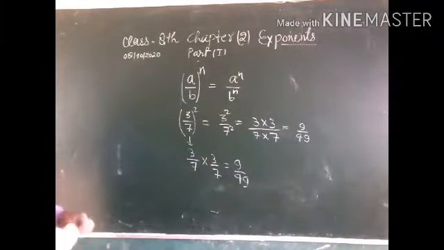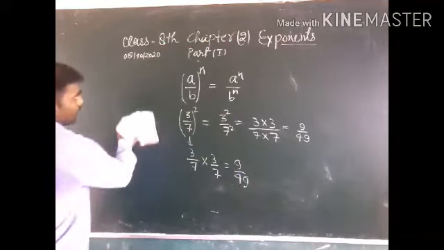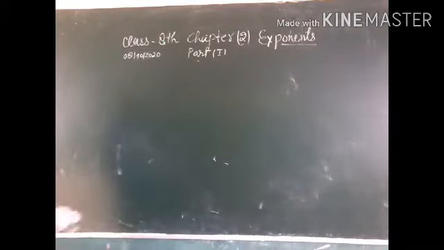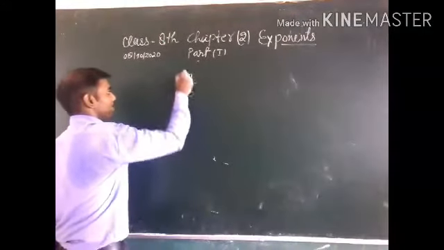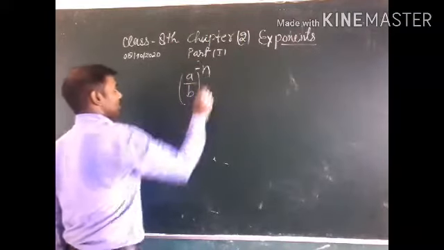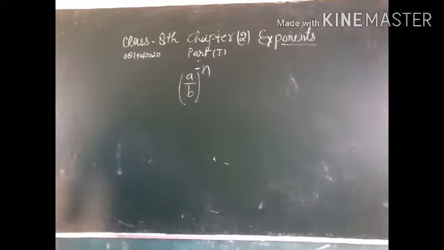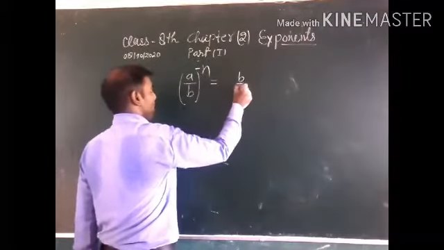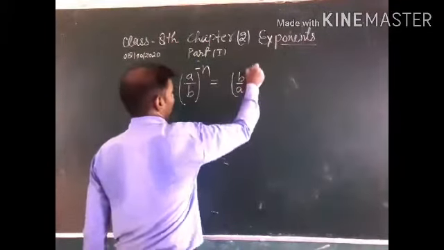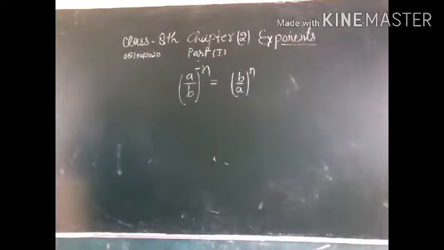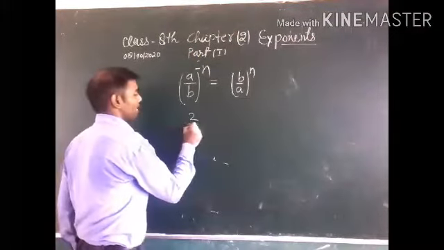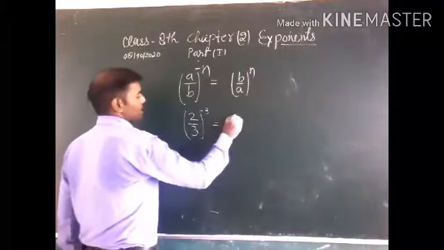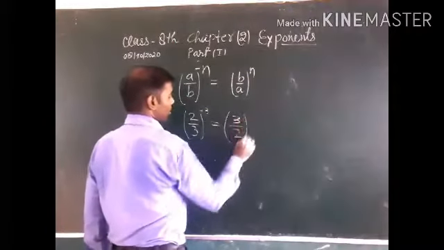And if the power is negative, let's say (a by b) whole power minus n, it means you can write it in this form: (b by a) to the power n. Let's take a question. (2 by 3) to the power minus 3 can be written as (3 by 2) to the power 3.